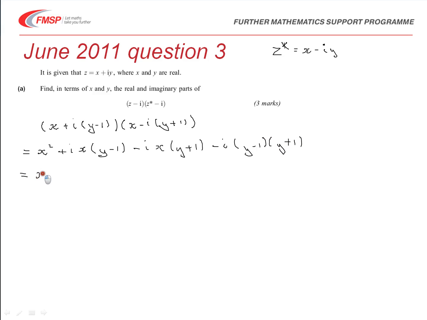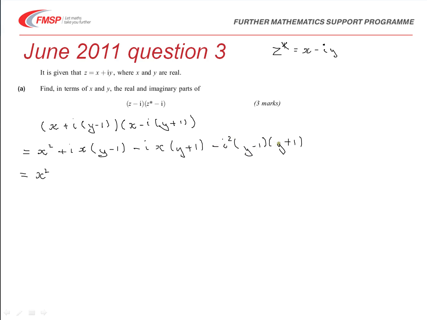So we've got x squared, now that's a real term, so it's got no i's in it. When we multiplied the i times y minus 1 by the i times y plus 1, this should have been i squared. So i squared is -1 by definition, times the minus, so that's plus 1.